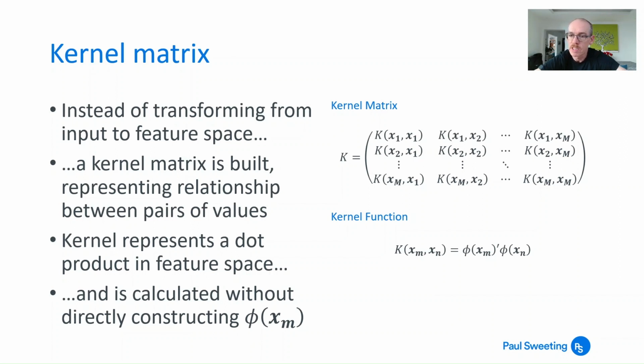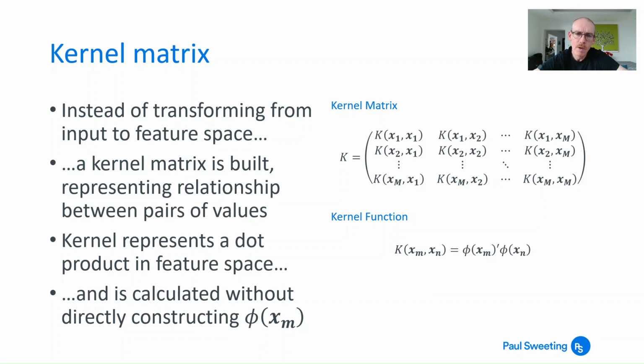And the kernel function is defined as k(xm, xn) equal to phi xm transpose phi xn. So essentially the dot product between phi of xm and phi of xn, those transformed versions of xm and xn.